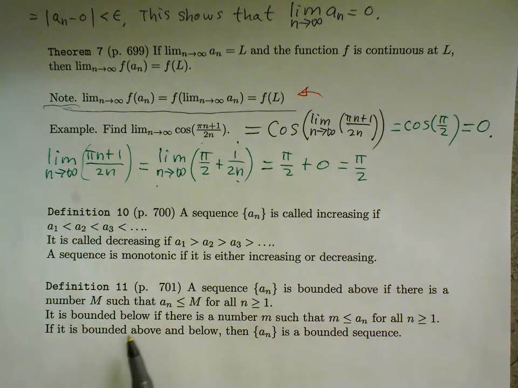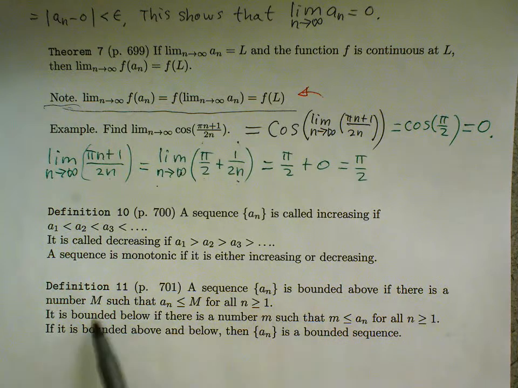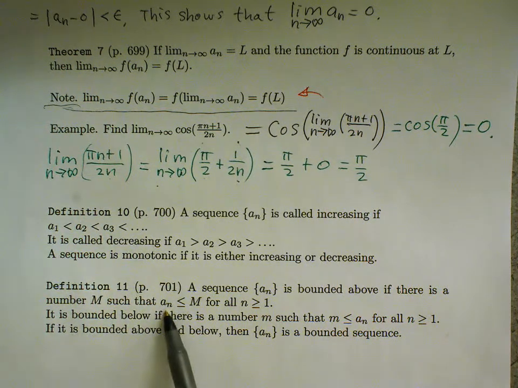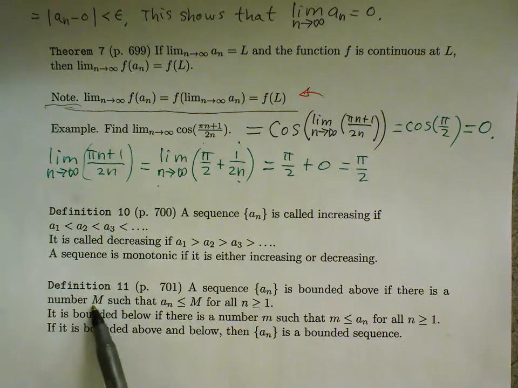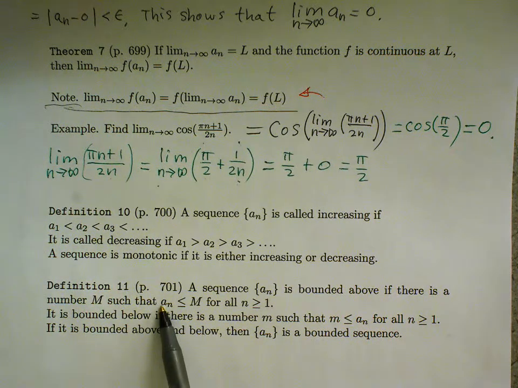Okay, the next definition: a sequence of a sub n terms is bounded above if there is a number, capital M, such that a sub n is less than or equal to capital M for all n greater than or equal to 1. So in other words, and I want to put an emphasis on finite number, if there's a finite number that all of the numbers in the sequence are less than or equal to, then the sequence is bounded above.